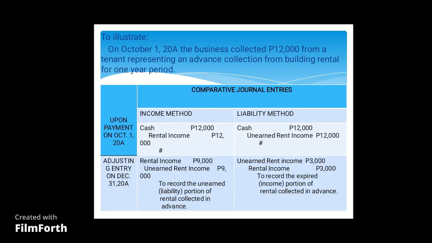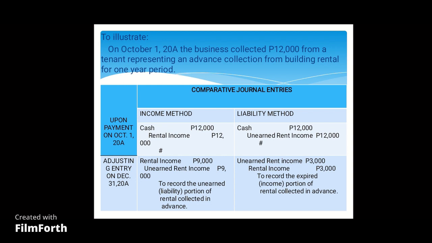So to illustrate, on October 1, 20A, the business collected 12,000 from a tenant representing an advance collection for building rental for a 1 year period. So, regardless of which method will be used in recording the above pre-collection, the 12,000 becomes a mixture of income and liability at the end of the period.